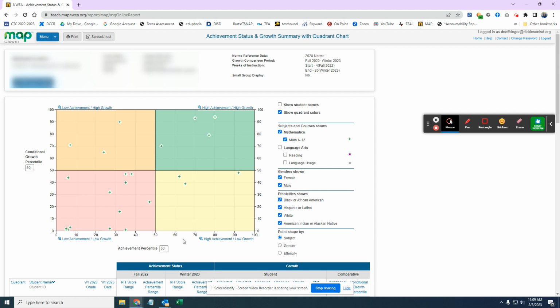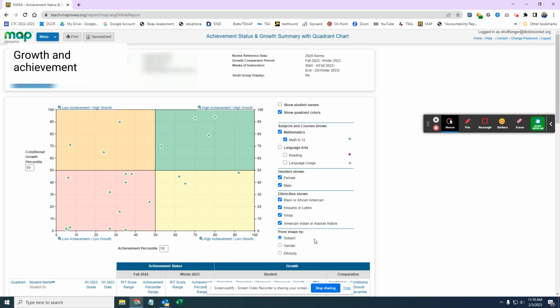Now, the 62nd percentile for achievement is on average. So even though it says high achievement, it just means that they're above the 50th. So don't think that that means, oh, they're so good that they didn't have room to grow, therefore that's why they have low growth. No, they still have room to grow.